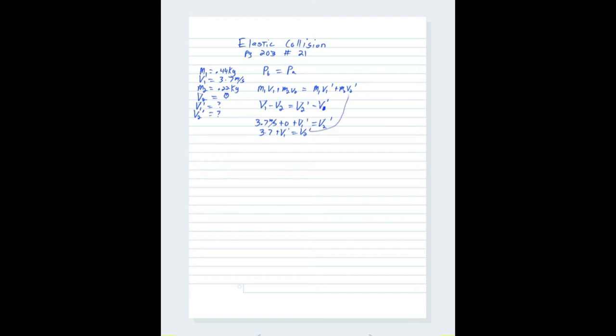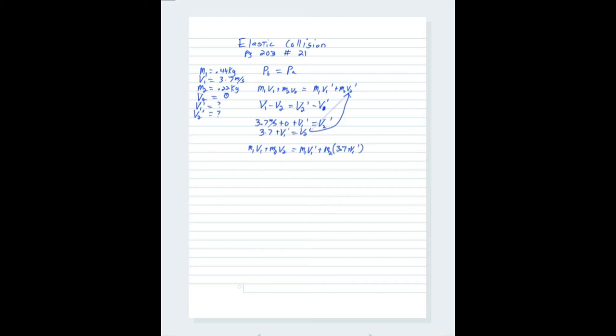What I'm then going to do with that is I'm going to plug it in to my momentum equation that I had up there, and I'm going to solve it out for one of the primes. So I'm going to have M1V1 plus M2V2 equals M1V1 prime plus M2. Instead of writing that V2 prime, I'm going to write 3.7 plus V1 prime.